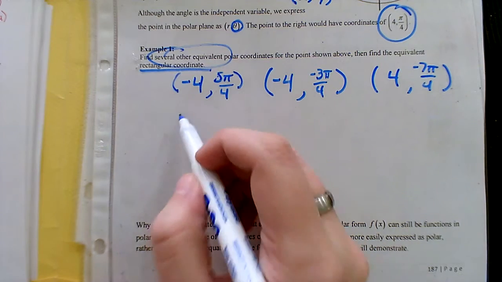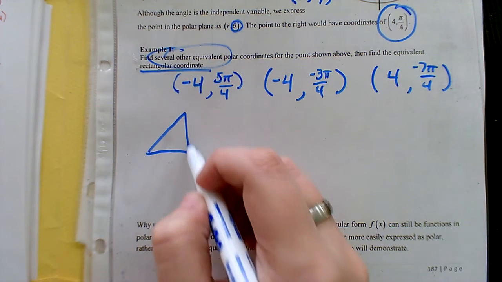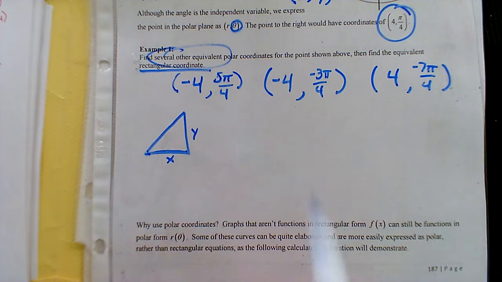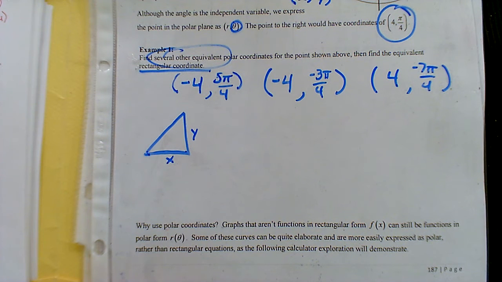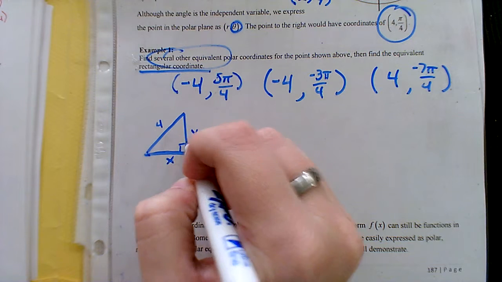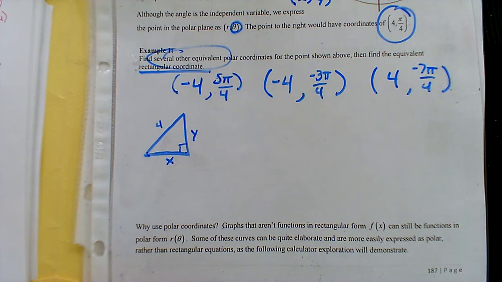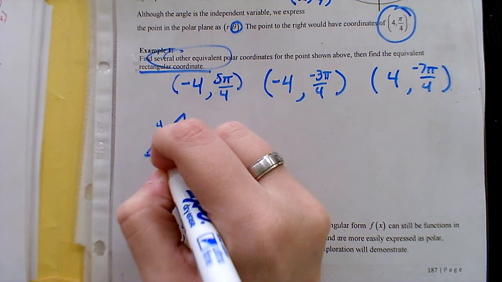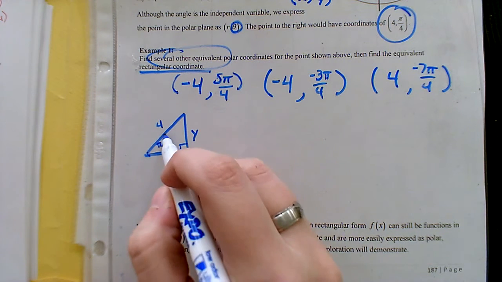So we're going to go ahead and draw this triangle down here. We're going to try to figure out the x-coordinate, the y-coordinate. If the radius was 4, we know that's the hypotenuse of this triangle. And the theta value that we rotated was pi over 4.